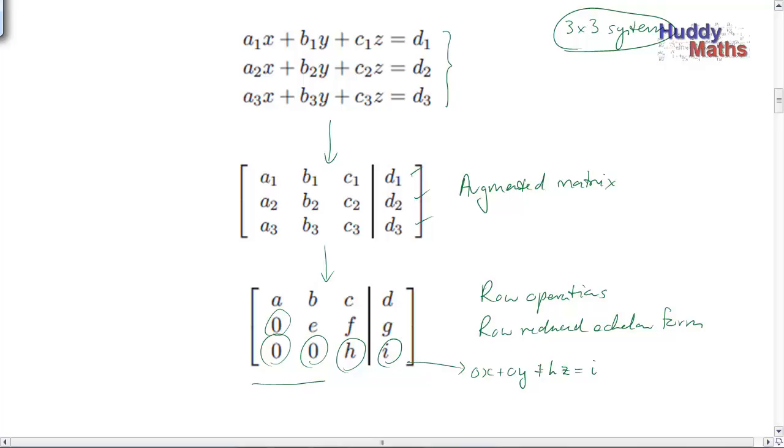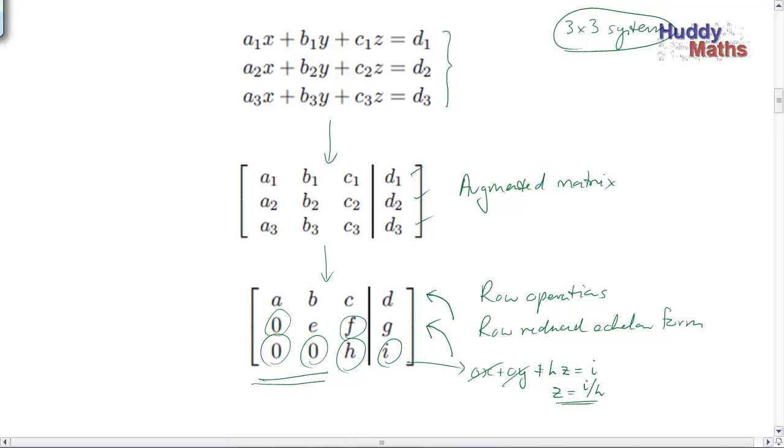Okay, so what that means is these come to 0 and z is i over h. And then if we can get an answer, we can substitute the z back in here and get y, and then y and z back in here and get x. So it's an extensive elimination process and back substitution, if you like.